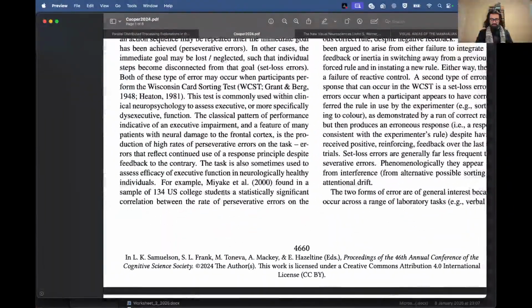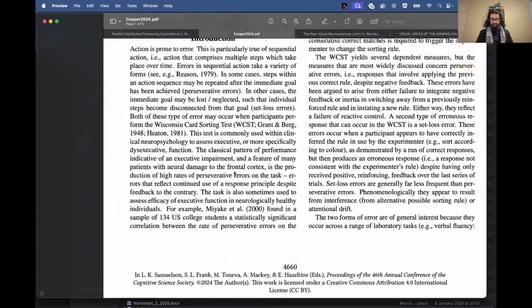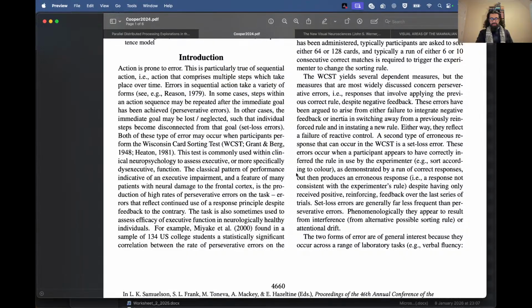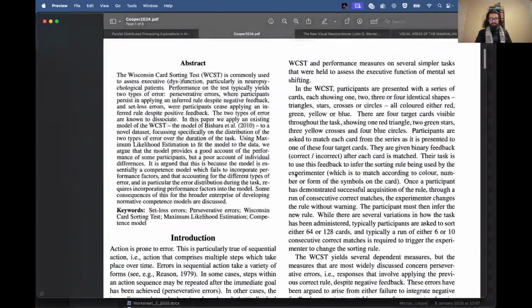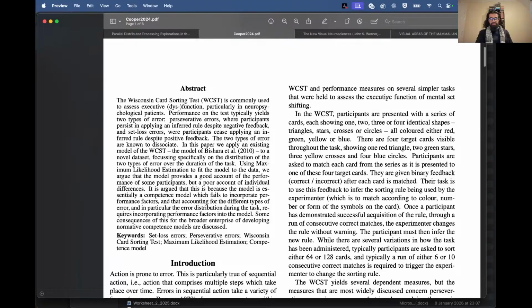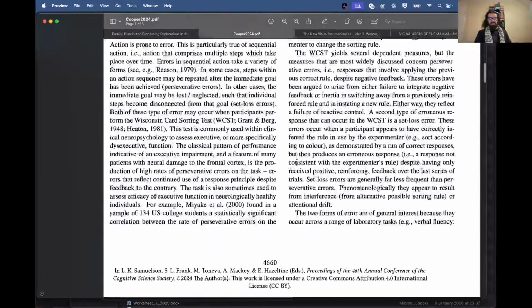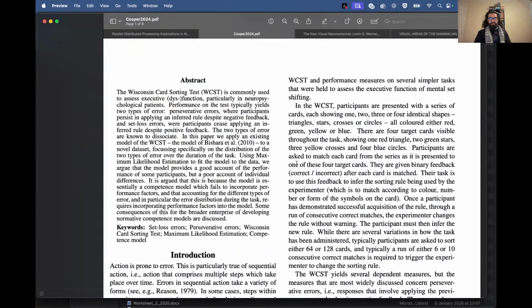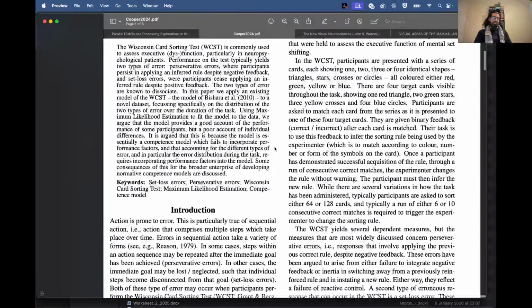Miyake found, in a sample of 134 US college students, a statistically significant correlation between the rate of perseverative errors on the WCST and performance measures on several simpler tasks that were held to assess the executive function of mental shifting. Interesting.